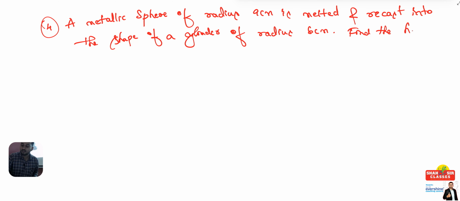Find the height of the cylinder. That's what I told you, right? If they ask you like this, it will carry 2 marks. Is this clear?